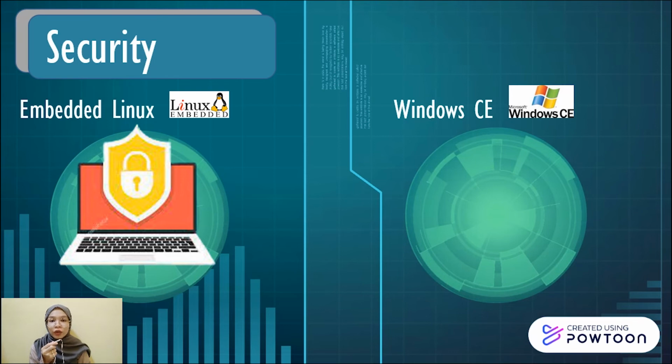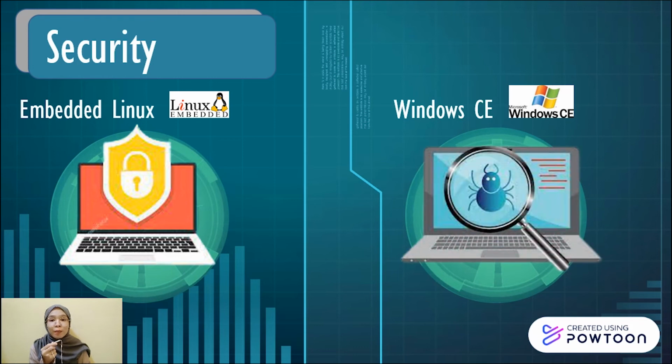It also enforces a layer of protection that prevents viruses from reaching the core processors. Unlike Linux, Windows is prone to viruses since most viruses are designed to infect Windows systems. So, users need to actively use an antivirus program to keep their system secure. Thus, Windows CE is less secure compared to embedded Linux.